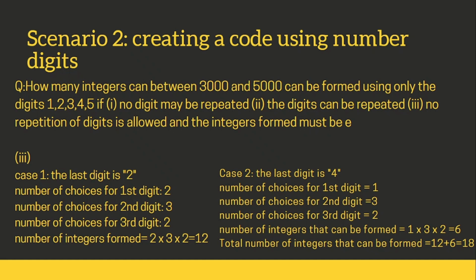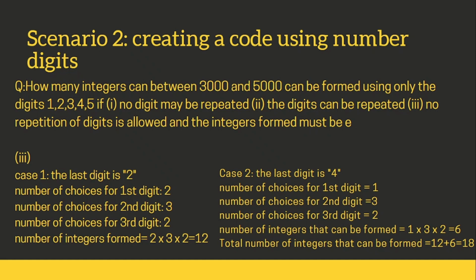And then afterwards, we have 3 choices for the second digit, then 2 choices for the third digit. Because bear in mind, our 2 will be fixed as the last digit, so that's why we have fewer numbers. So if the last digit is 2, the number of integers formed is 2 times 3 times 2 equals 12.